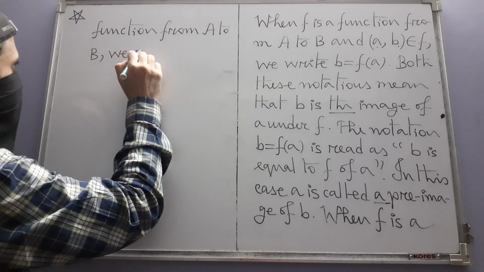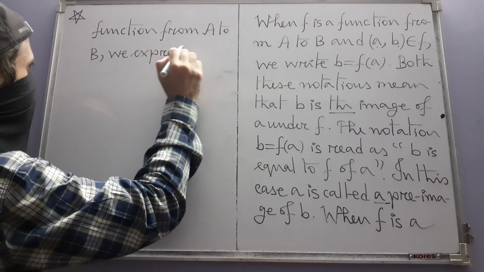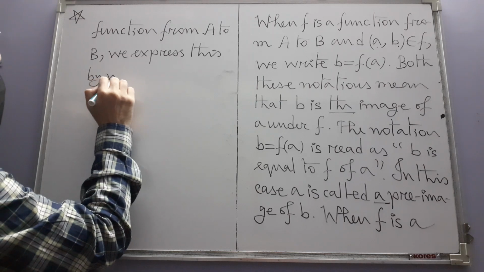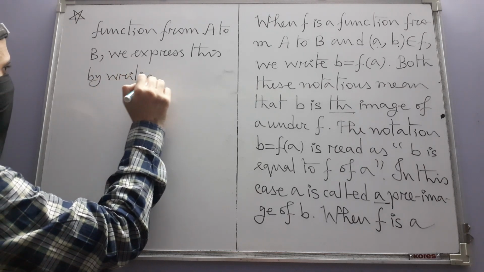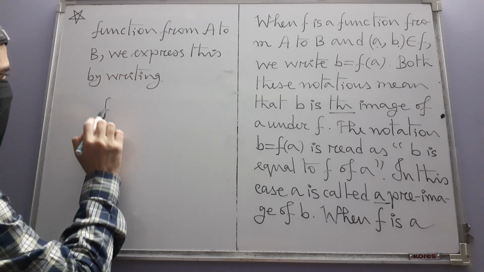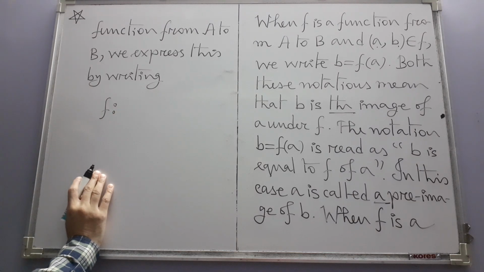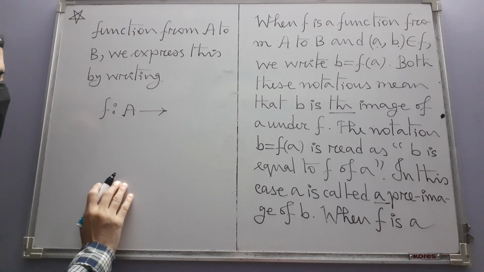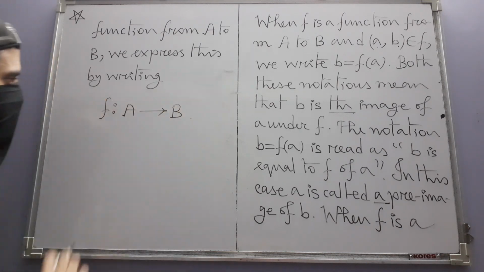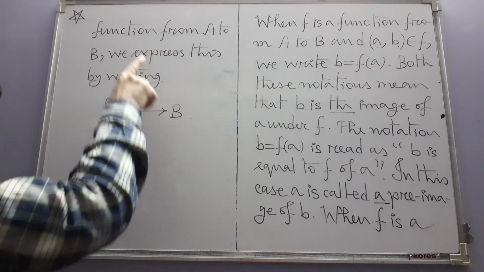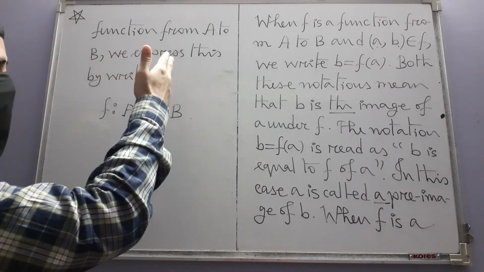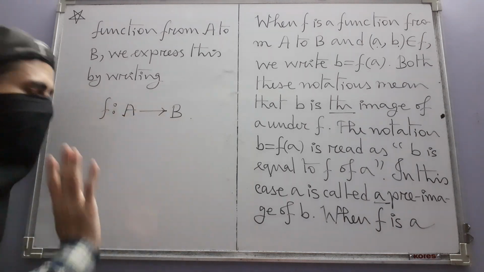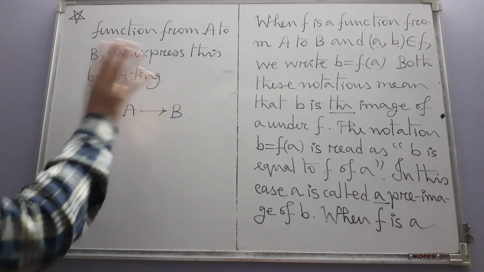We express this by writing a symbol like this, f followed by a colon, then you write A, then an arrow like this, and then B. Instead of writing every time that f is a function from A to B, you write this. That means the same thing. Okay, so this is the symbol for that sentence.